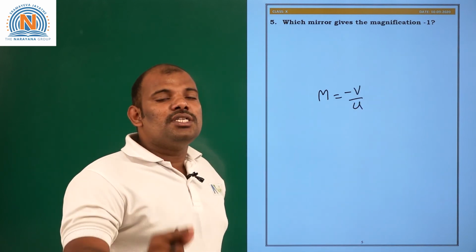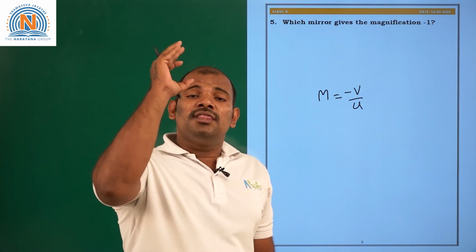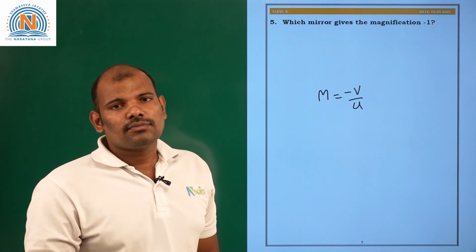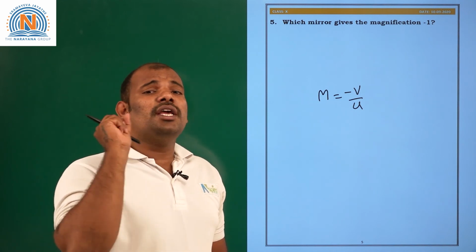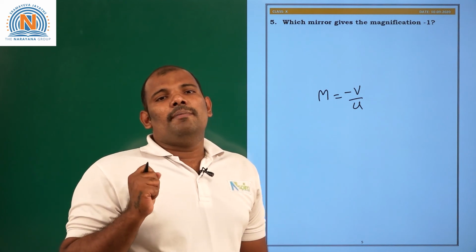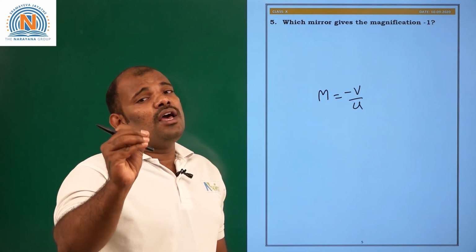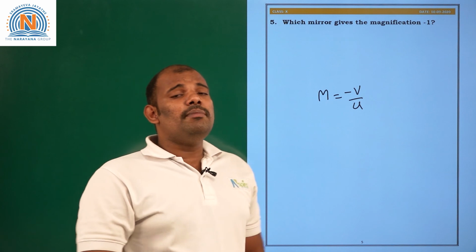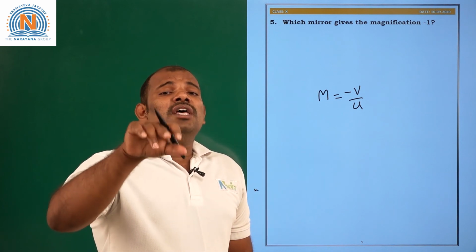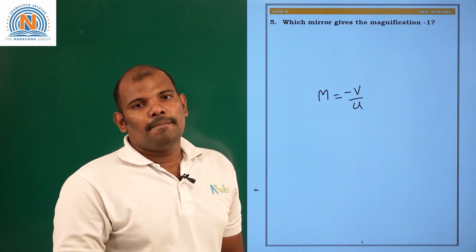When the object distance is equal to image distance, in that case only you will get magnification 1. Which is possible in case of plane mirror as well as concave mirror, because in convex mirror you always get diminished images, so the magnification is always less than 1.